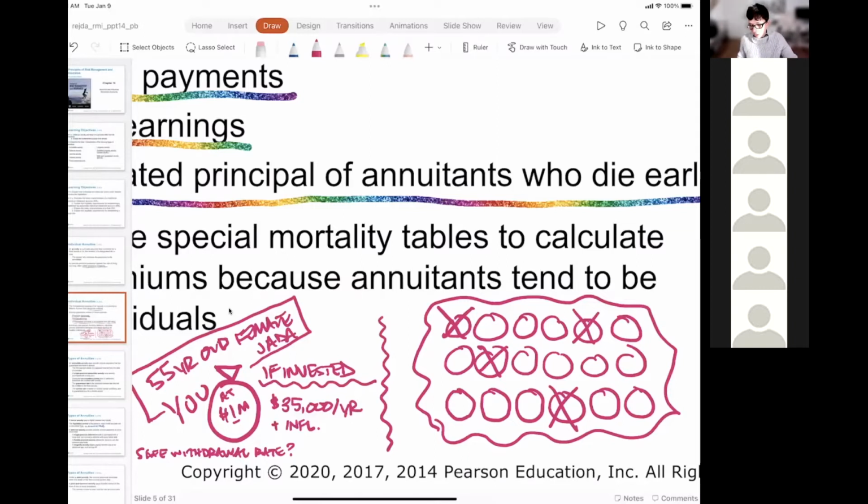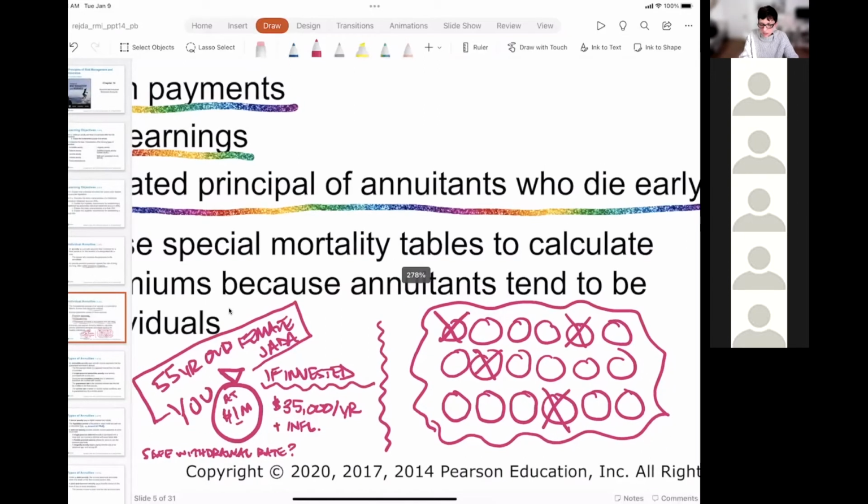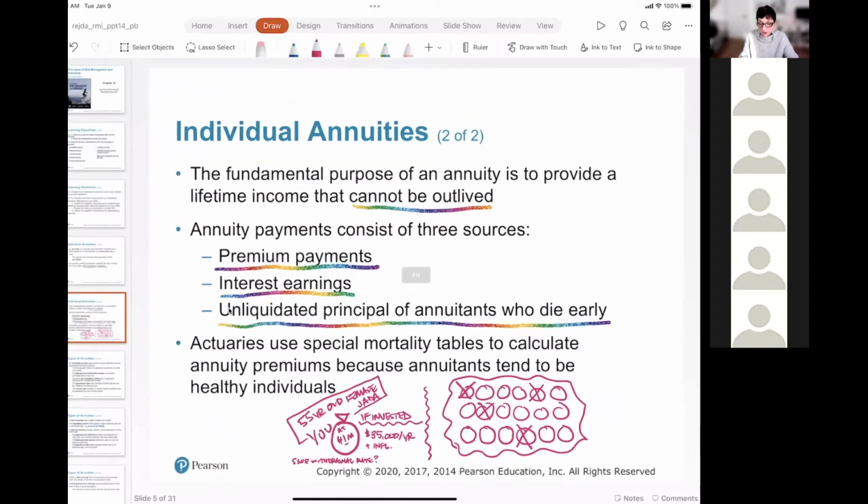You're like, I could get even more money. But the pool isn't underwritten. The insurance company doesn't care how healthy you are. They assume you're going to live a long life, and when they give you a quote for your annuity payment, you'll see that it's going to be adjusted depending upon what benefits you want to add to it.